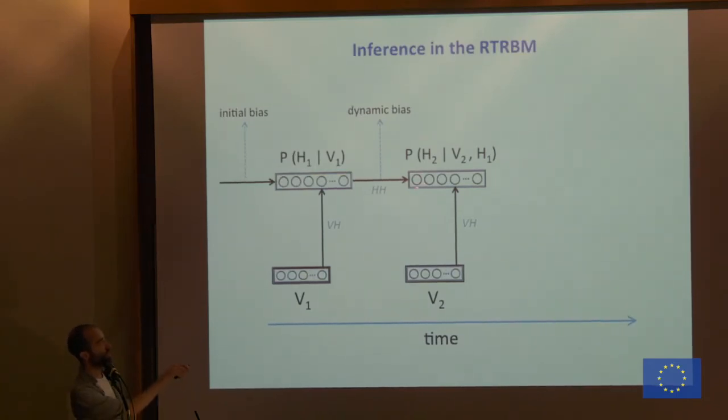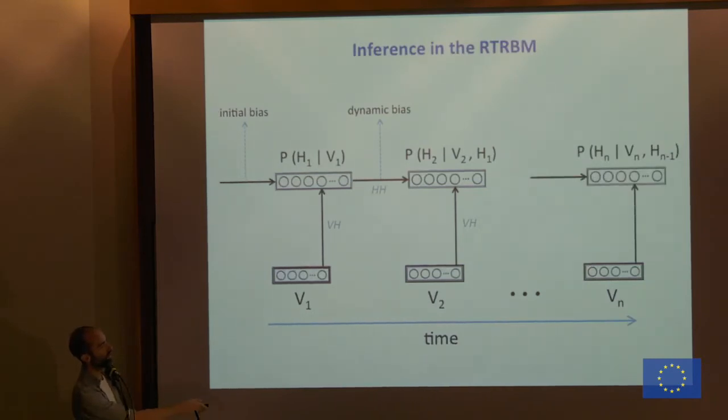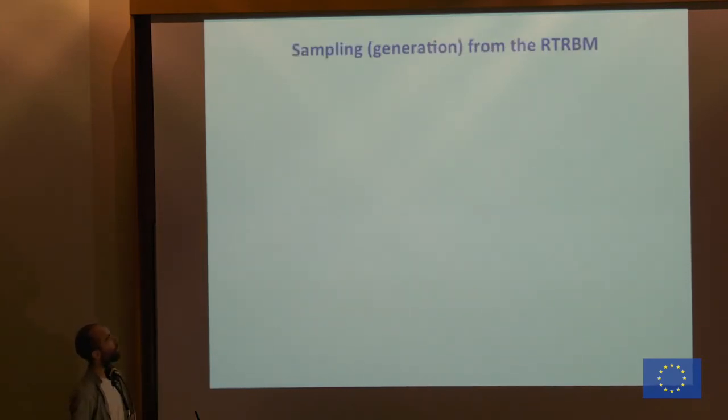This way, the new internal representation is not only dependent on V2, but it is also dependent on the previous activation of the hidden units, and so on until we process the whole sequence. Okay? So this way, the final representation of the sequence will take into account all the history of this input stream. Okay?